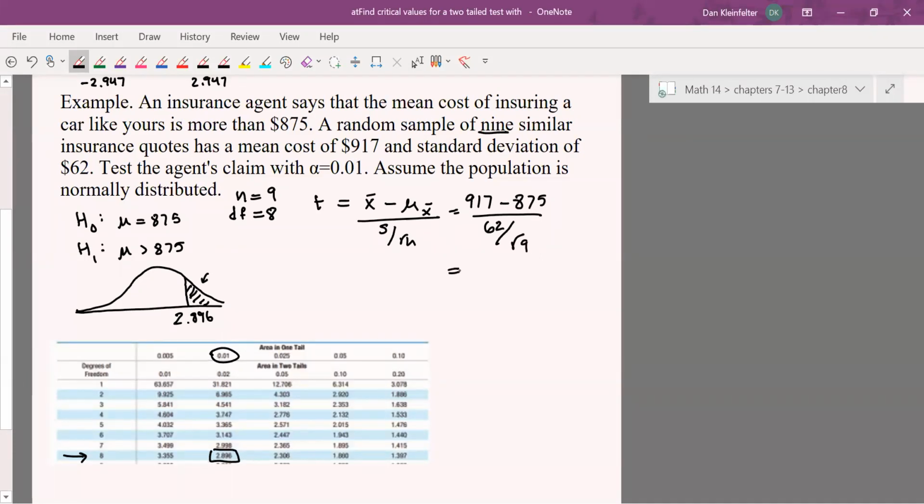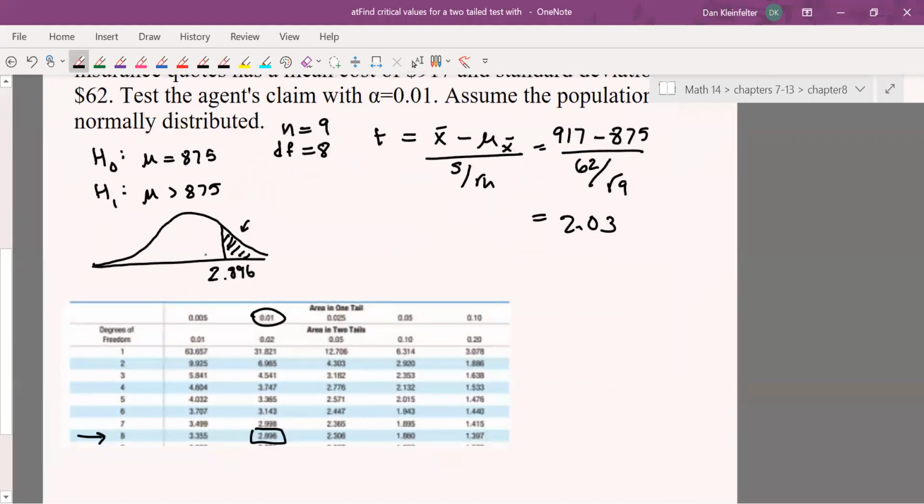Okay, so let's go ahead and calculate that. Okay, 2.03. So that's our test statistic.